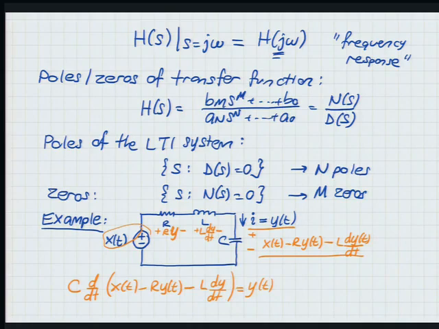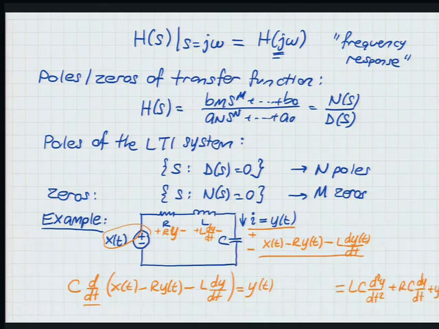For one thing, we can move all the y terms to the right-hand side. This will give us the second derivative, because we're taking the derivative again. So I'll have L times the second derivative of y, also multiplied by C: LC d squared y/dt squared, and then RC dy/dt plus y.